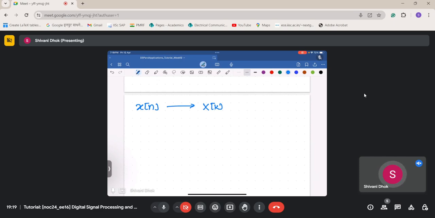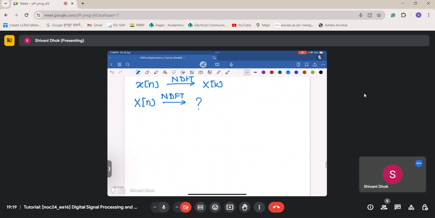Now let us figure out what happens if we have the signal as X of n and we find out its N-point DFT. What do we get? So let's say this is equal to X tilde of k.